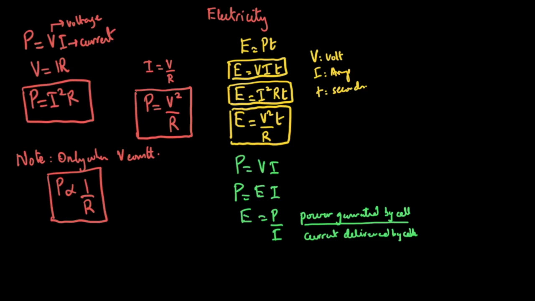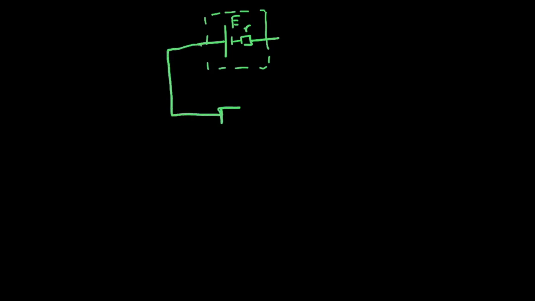Now, since we're talking about cells, we cannot ignore the internal resistance as you studied with me earlier. So every cell has its internal resistance, small r, and let's say it is connected to an external load, capital R, like that.